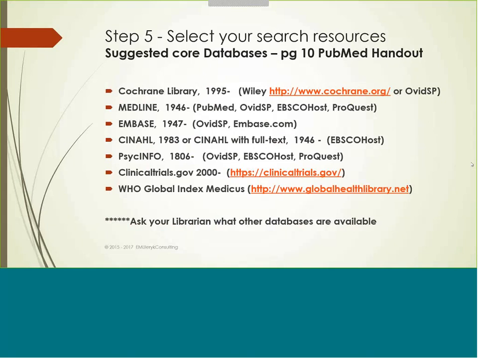When it comes to the actual journal databases, there are much more complete descriptions starting on page 10 of the PubMed handout. But the top three for most of your clinical searches would be the Cochrane Library, Medline, and Embase. You're all familiar with Cochrane. The systematic reviews, whether they're available on your topic or not, depends on the question you're asking.